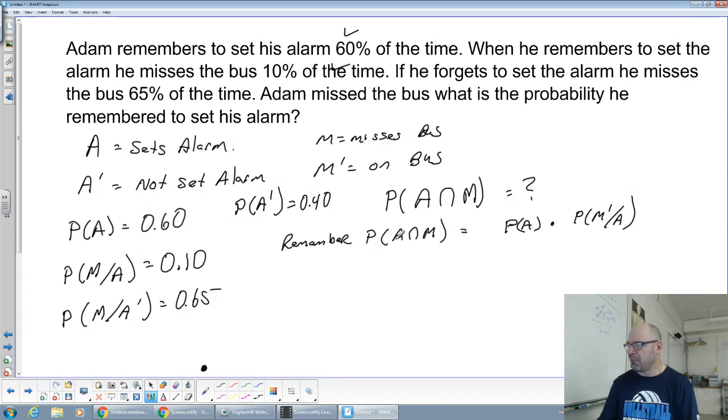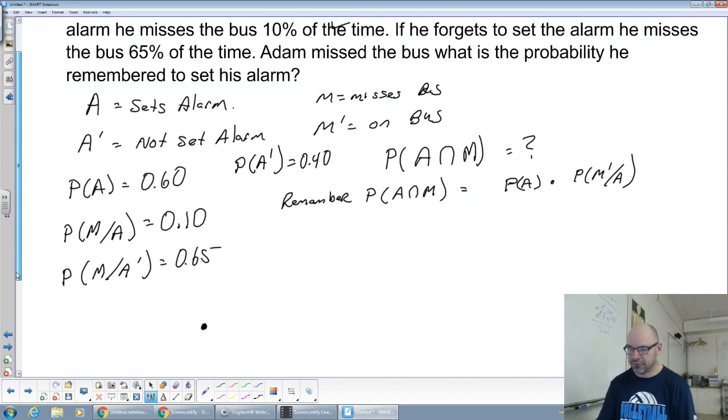Right? What is the probability that he set the alarm and missed the bus? It equals the probability that he set the alarm times the probability that he missed the bus, given that he set the alarm. So now we have to just do that tree.